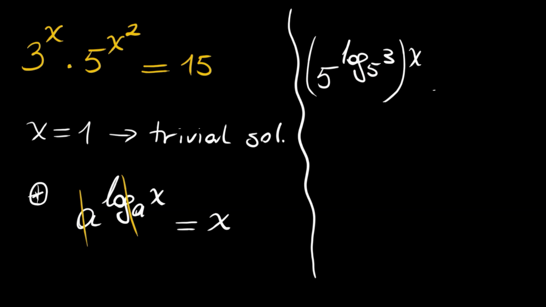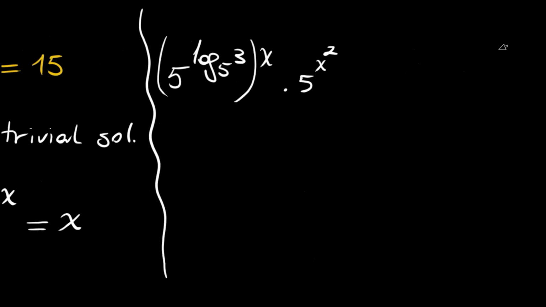The second term already has base 5, so 5 to the power of x squared, and the right hand side again can be written as 5 to the power of log base 5 of 15. And that's it. 5 to the power of log 5 will cancel and we will have 15.